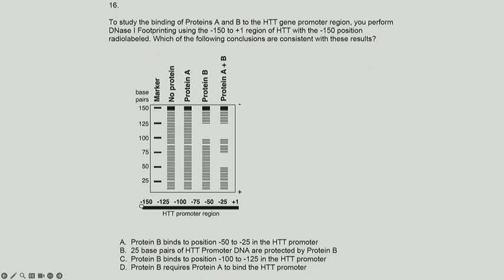You are protecting making fragments in this region. You have to flip it for what's actually in the gel, right? So if the protein binds here, you're no longer cutting that with DNase. You're going to have a gap in the footprint at the 100 base pair to 125 base pair region. That's why C is incorrect. Yes, we'll get to C.